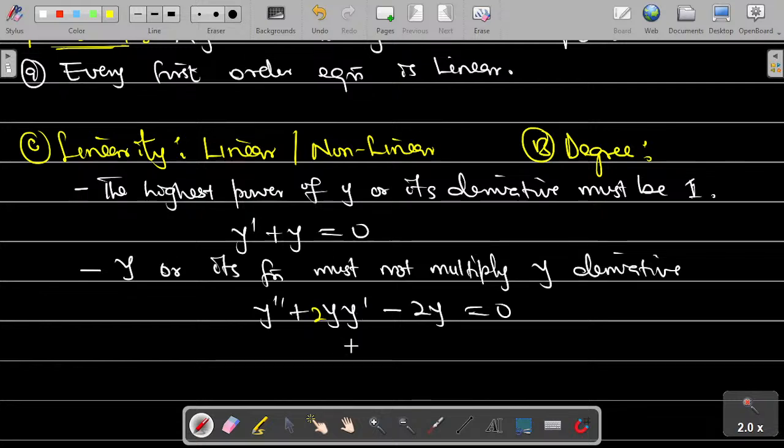So once that happens, then it fails the condition for linearity.